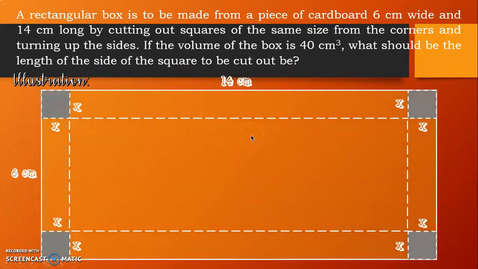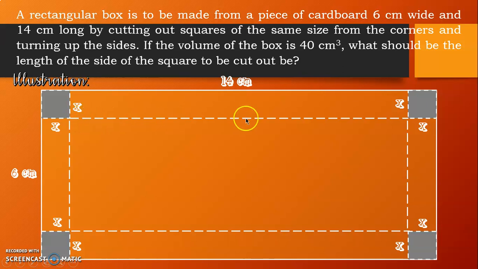Here's an illustration of the cardboard. The four corners will be cut off. Squares will be cut off on the four corners of the cardboard. The side of the square will be represented by x.